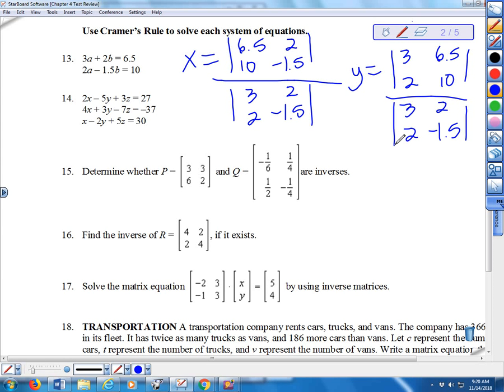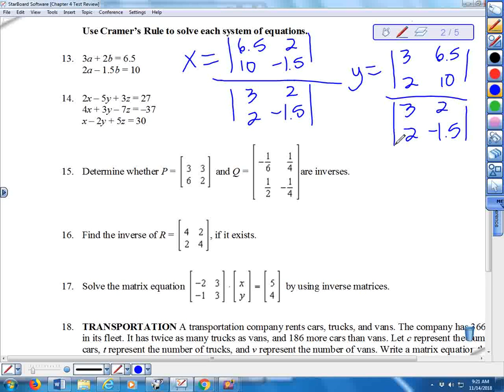Okay, once I have all 3 entered, I'm just going to go to a clear screen. I'm going to take the matrix A and divide it by matrix C. Oh, a determinant. Sorry, got to do the determinant. A, I put in x, B, I put in y, C, I put in the denominator.